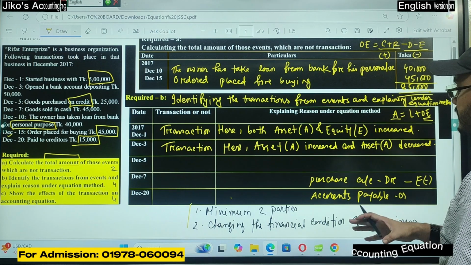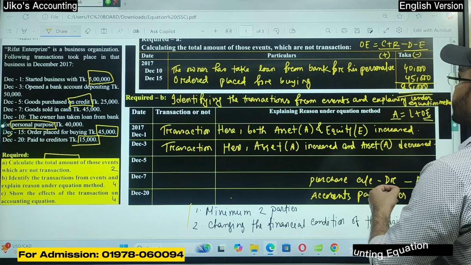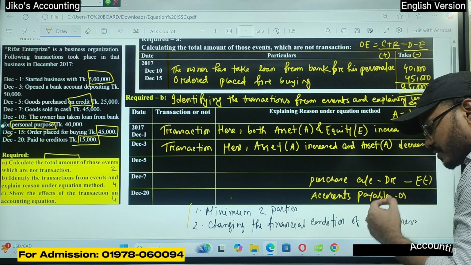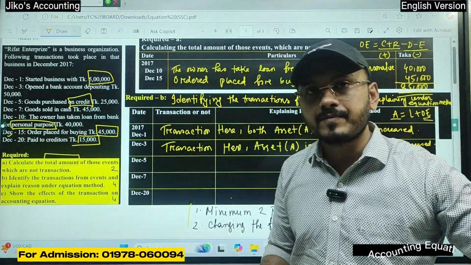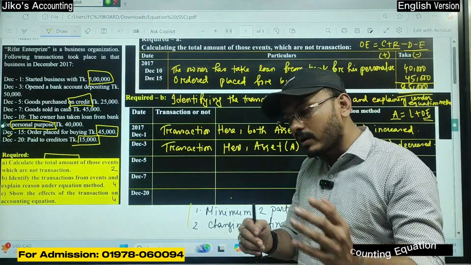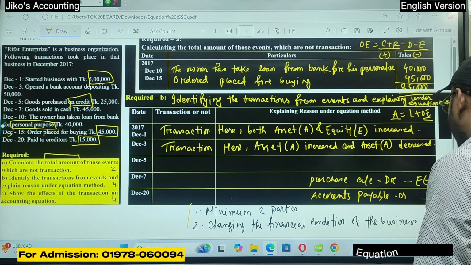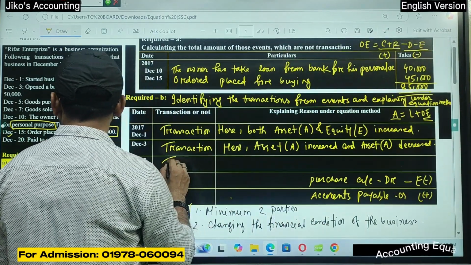Equity decreased. On the other hand, accounts payable is a liability. Until you have paid the accounts payable, it should always be considered as the increment of the liability. Whenever you pay him, only in that case, your liability will be decreased. That means my liability increased. That's why it's a transaction.